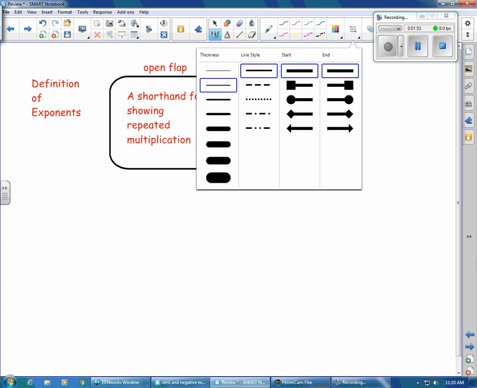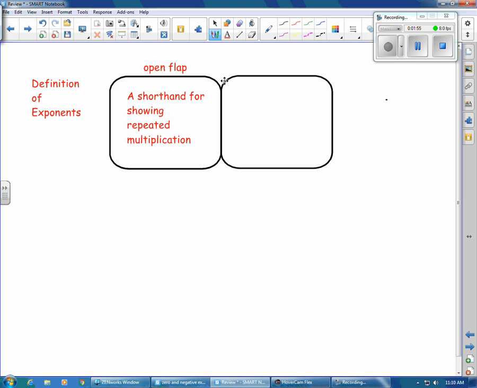If I have, let's say, 5 to the third power, 5 is my base, 3 is my exponent, and it means 5 times 5 times 5. So it's showing that repeated multiplication, but it's a shorthand way of showing it.